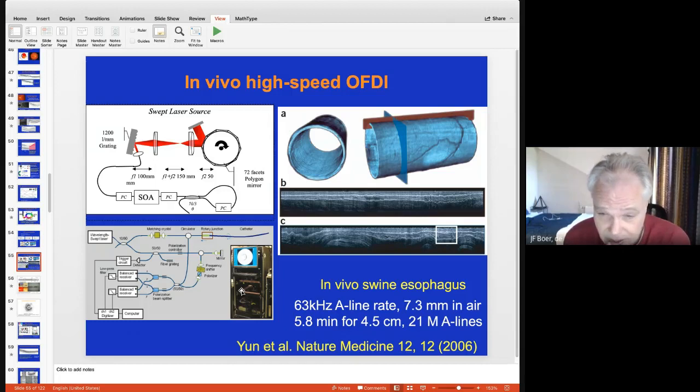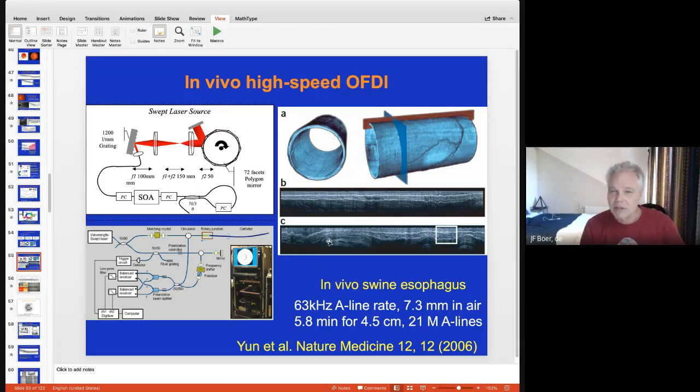These are data acquisition cards that acquire 400 to 1 giga samples per second. So you get insane amounts of data that need to be processed. Right now, most groups still do that offline, but also GPU processing becomes more and more popular for providing clinicians with a live view of the tissue they're imaging.